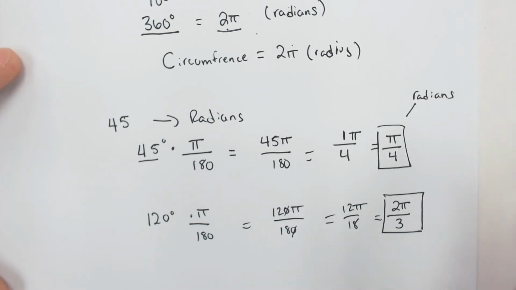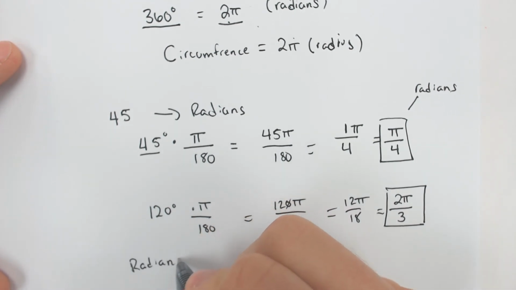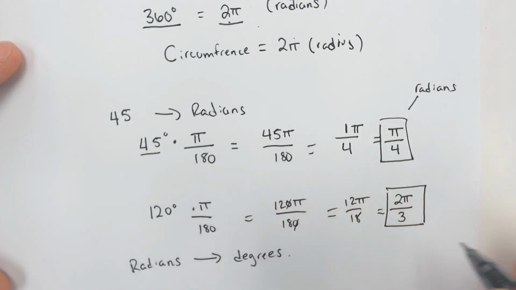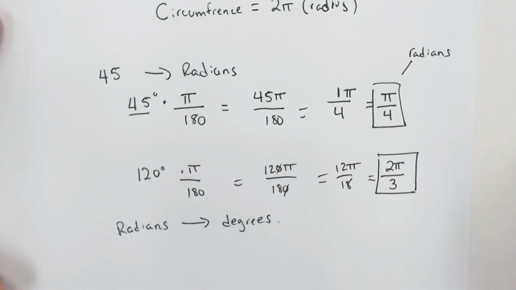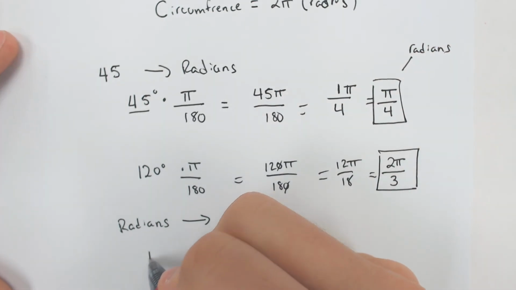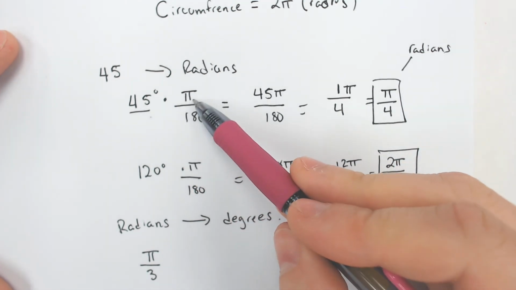What if we wanted to go the other way around? What if we wanted to go from radians to degrees? If that is the case, then instead of multiplying by pi over 180, you would flip that. So let's say we had something like pi over 3, and I wanted to turn that into degrees. If you're given the degrees, you want to multiply by pi over 180.